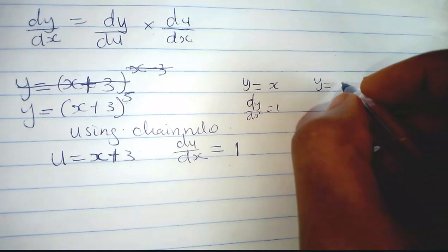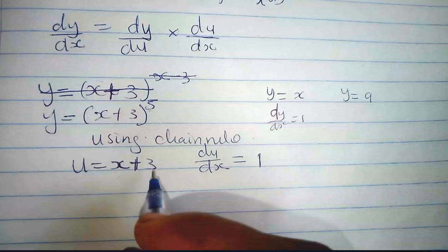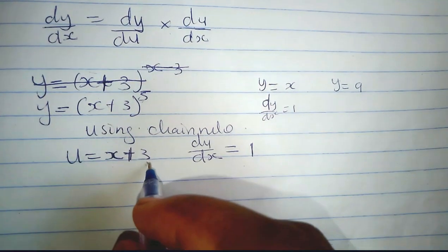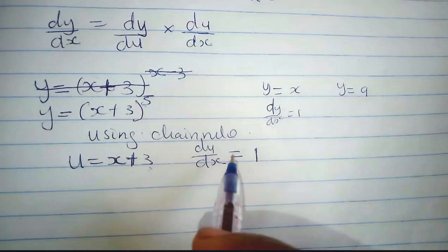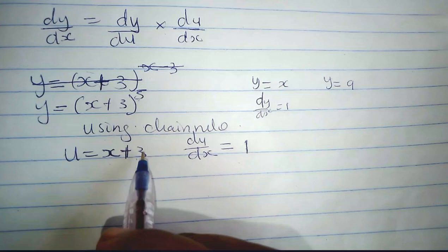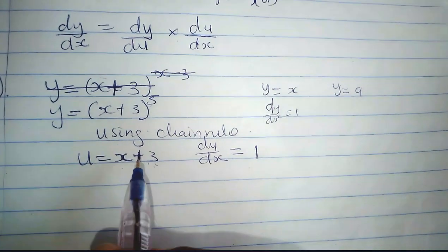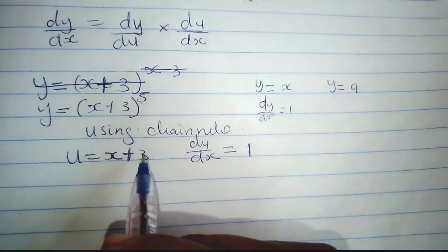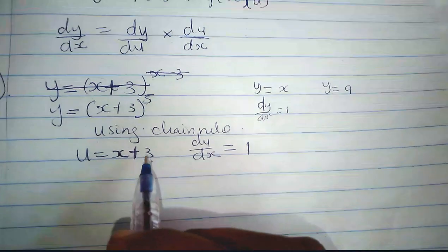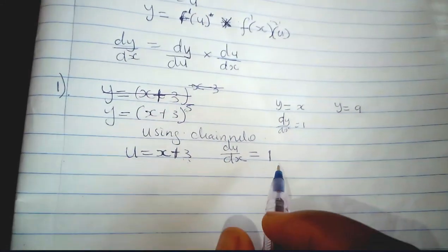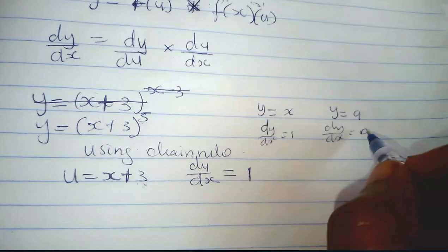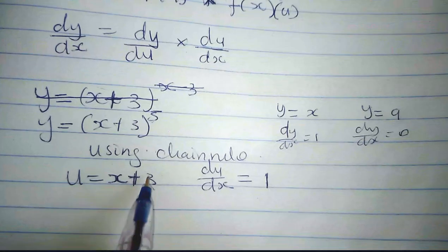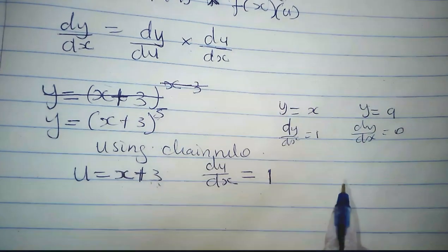If y is equal to a constant, that is any number, dy/dx is equal to 0. That is why we have this 1 here. So what happened to this 3? If y is equal to any constant, that constant automatically becomes 0 when you're differentiating it. That's the rule we use here.